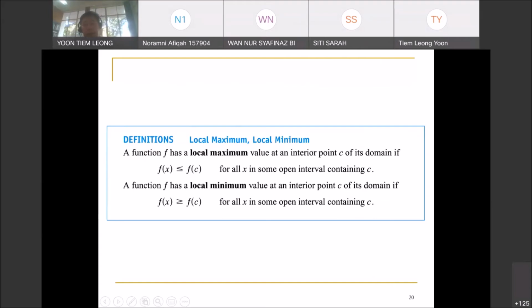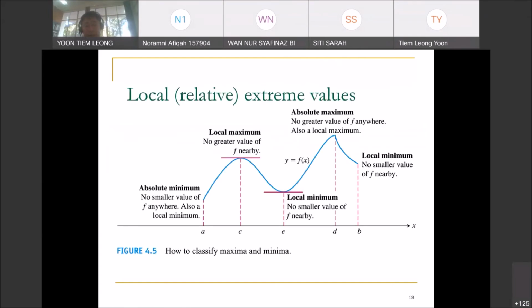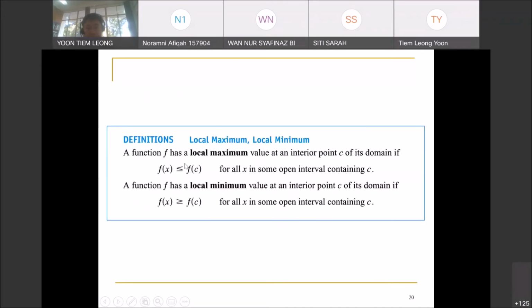So you compare the values of the function at the local point C, say here C. You compare the values for x just next to C, on the left-hand side and right-hand side. If the neighboring values are always smaller than the value of f at C, where x is somewhere nearby, left and right of C, then we call f(C) a local maximum.